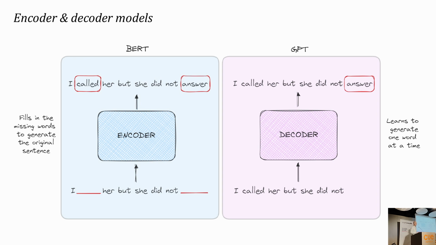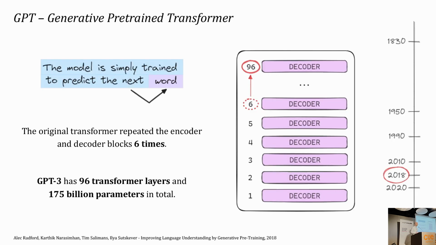On the right side, you can see the decoder model, which is usually called GPT, and it is used to predict the next word. We hide the final word here, the answer, and it tries to predict it in some contextual manner. So when I say GPT, and when we see ChatGPT today, we are certainly talking about GPT transformers, which is the abbreviation for generative pre-trained transformer.